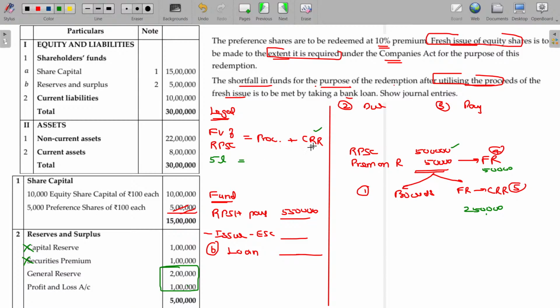How much did we create in the CRR from the free resource? 2.5 lakhs. And how much is the shortage? 2.5 lakhs is the shortage, the balancing figure. This can be raised using the fresh issue process, so you have to issue 2.5 lakhs worth of equity share capital. This is the balancing figure we arrived at from the legal requirement.